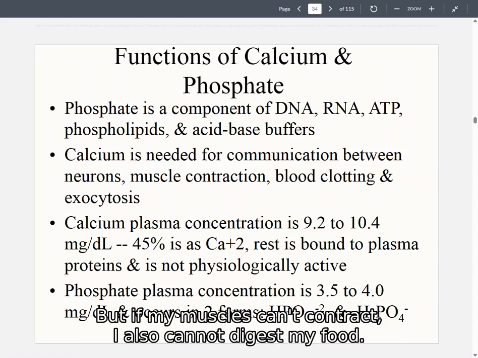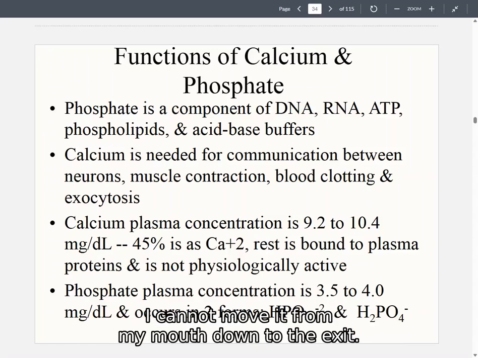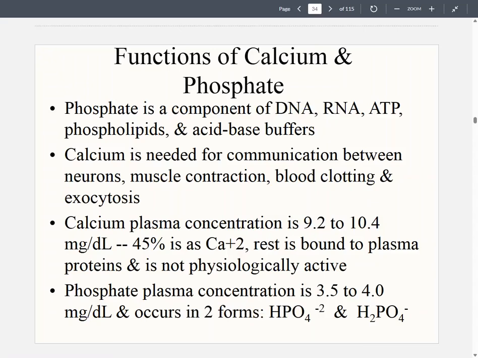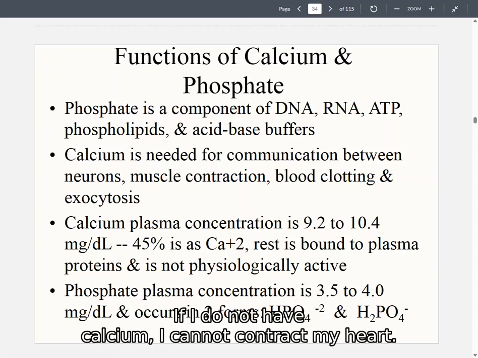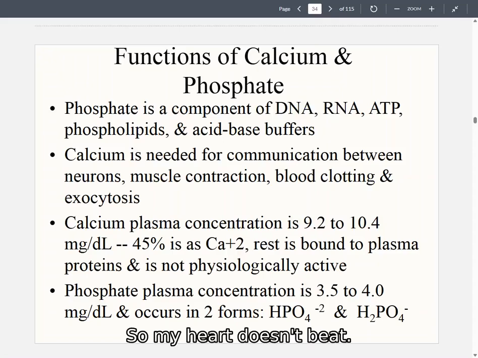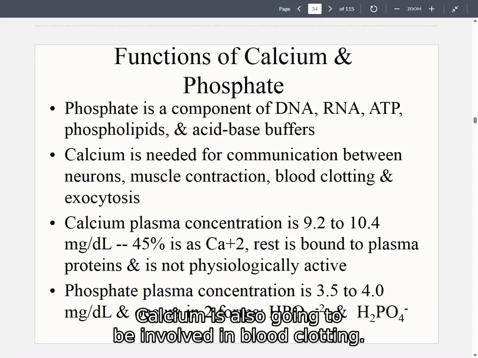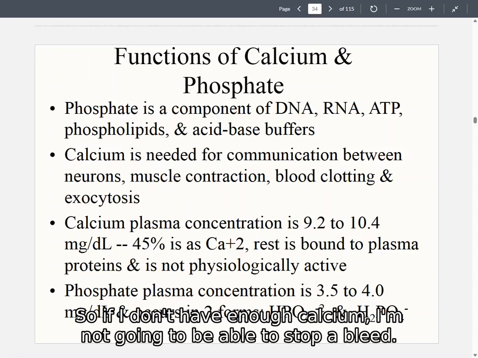But if my muscles can't contract, I also cannot digest my food. I cannot move it from my mouth down to the exit. If I do not have calcium, I cannot contract my heart. So my heart doesn't beat. Calcium is also going to be involved in blood clotting. So if I don't have enough calcium, I'm not going to be able to stop a bleed.